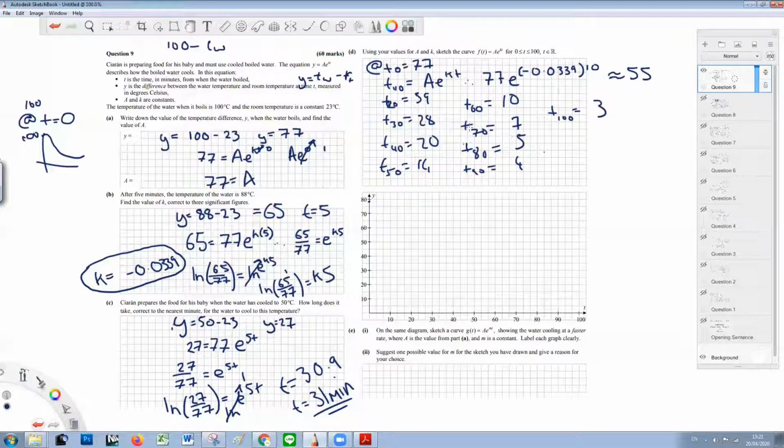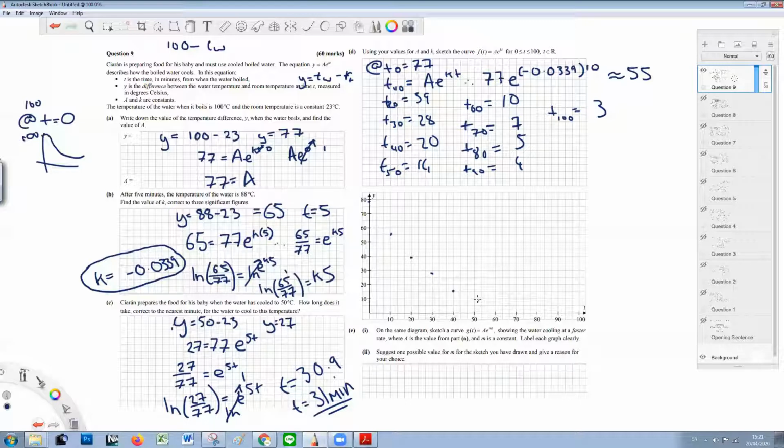So this is the difference in temperature between the water and room temperature. So it's 55 for the next one. It's 39 for this one, so around here. It's going to be 28 for this, so around here. And it's going to be 20.